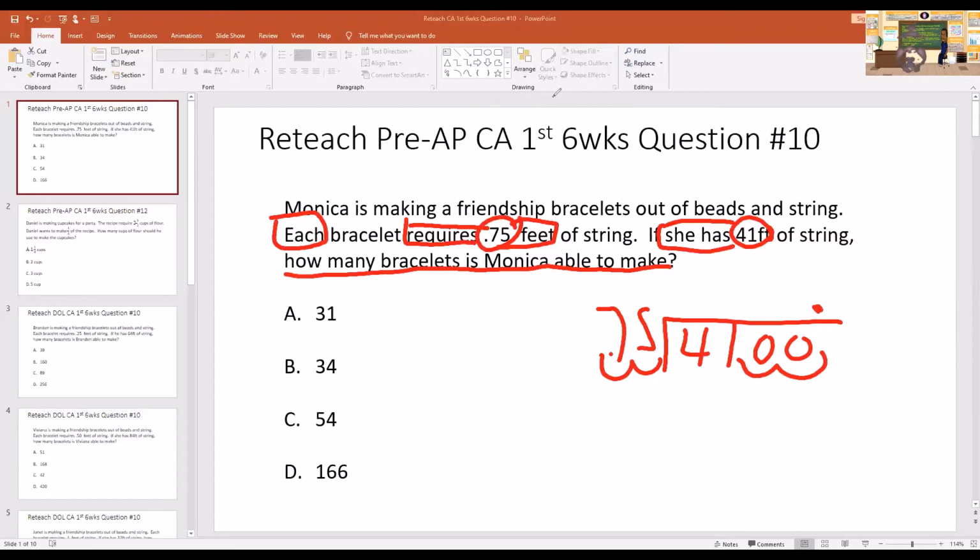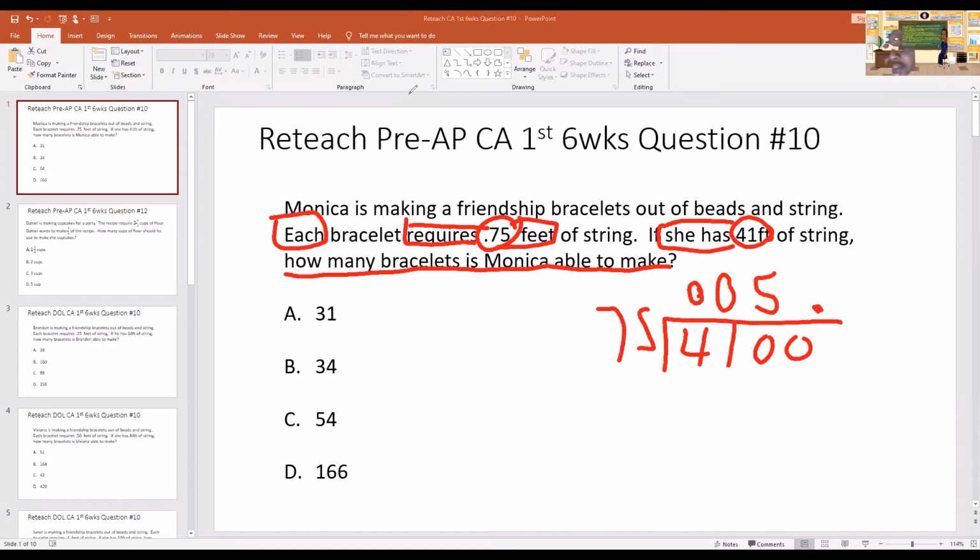Now I am simply dividing 75 into 4,100. I know 75 cannot go into 4, and 75 cannot go into 41. But 75 can go into 410 5 times.